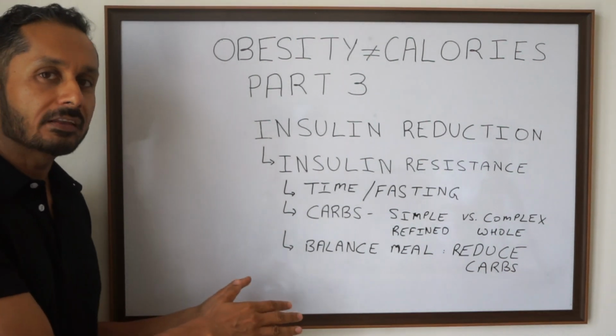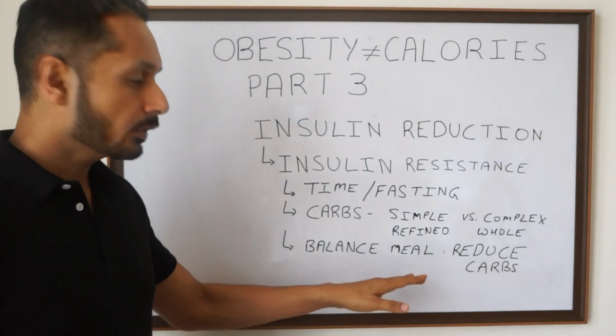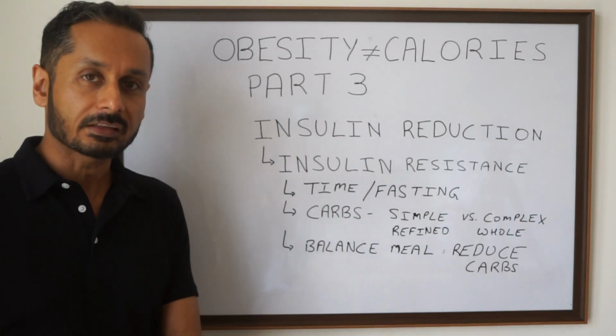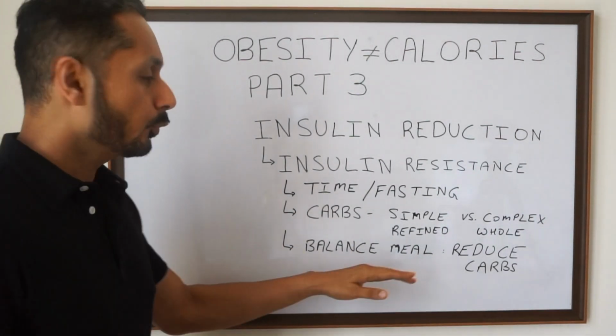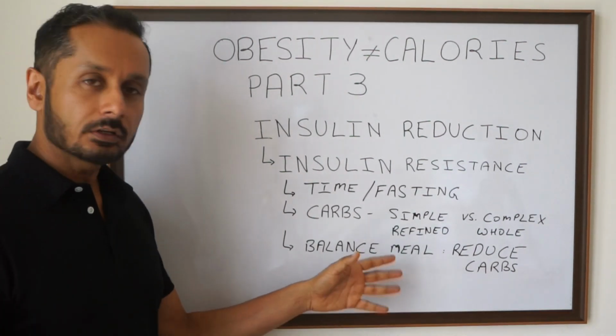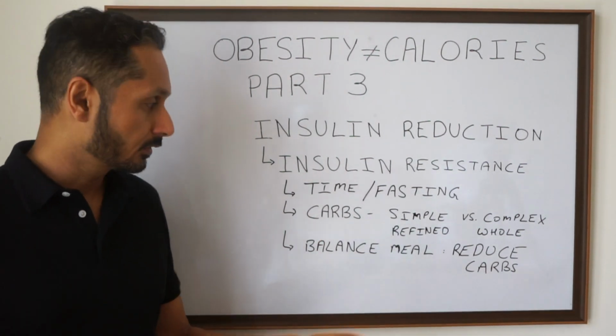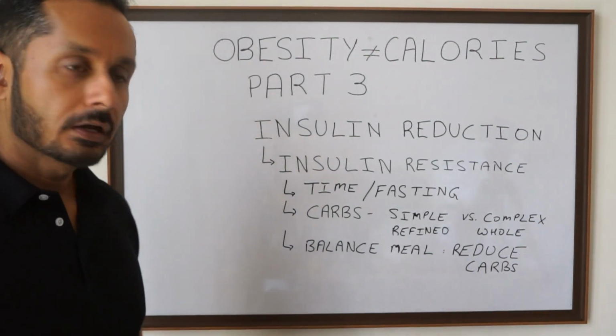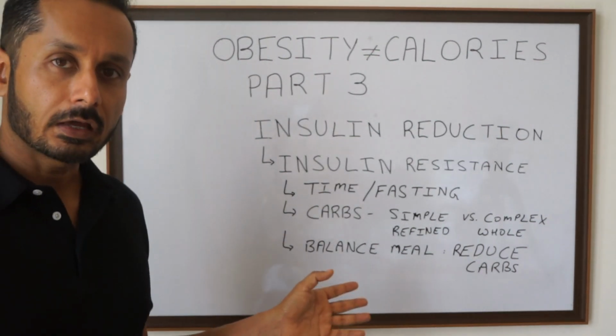is eating more balanced meals. And why do I say that? It's because of all the research that Indians particularly, and I think worldwide, we eat a lot of carbs. Especially if you're vegetarian, you're eating a lot of carbs. So we gotta eat more proteins and more fats and not just eat carbs. And I'll explain to you.